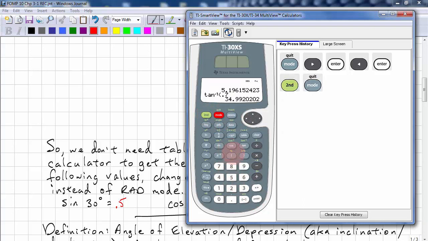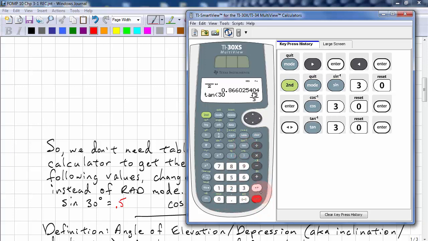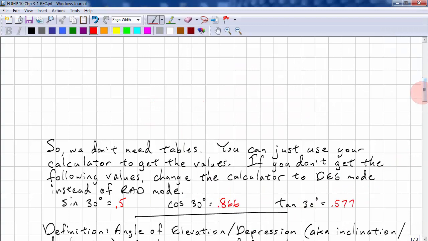And now we can go sine 30 degrees. And that gives us a half. Cos 30 degrees. And I press this button to get the decimal value. It's 0.866. And tangent 30 degrees. And I press this button. Okay, 0.577. That matches our values from the Casio.